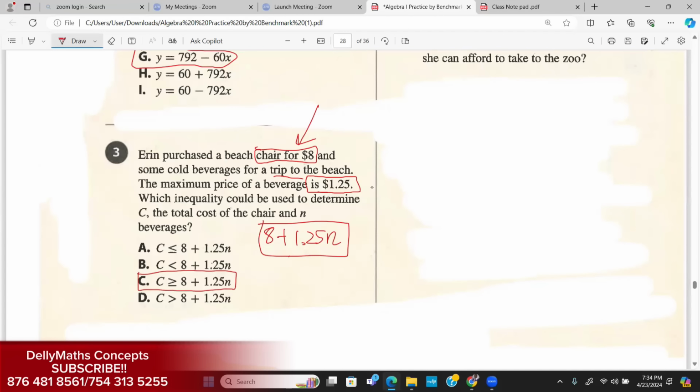So this is the highest it could be. And if I'm getting fewer beverages, then it's going to be lower than this amount. So I have to pick C to represent that idea. So you have to think inequality now, right? This cost must be less than whatever the cost must be because this is the maximum. So it's either less than it or at least equal to it. All right, let's go to 4.